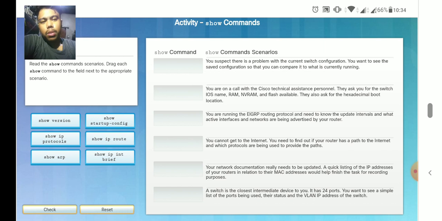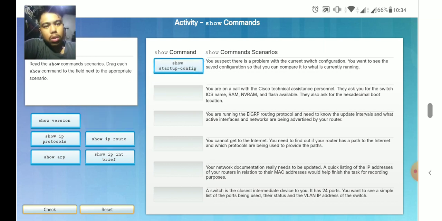If you are Cisco certified as well, then first you suspect there is a problem with the current switch configuration. You want to see the saved configuration so that you can come back to what's currently running. It's known as the show startup-config.